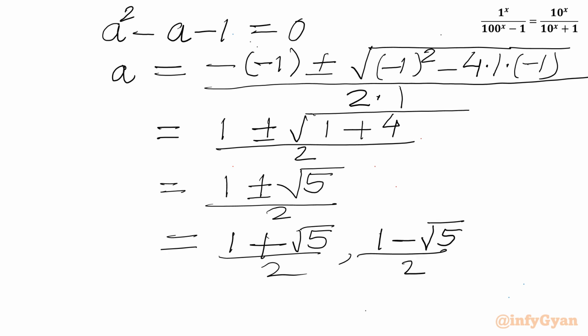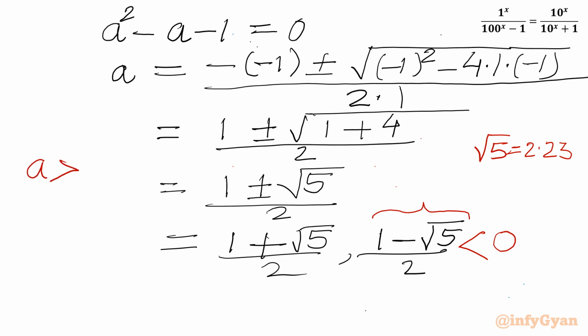Now we know the value of root 5. Root 5 is approximately 2.236. So if I take away 2.236 from 1, we will get a negative value. And the condition on a was that a should be positive only. So we will reject this value.